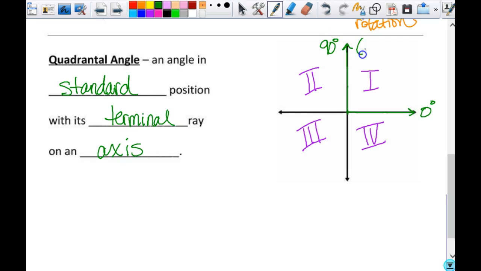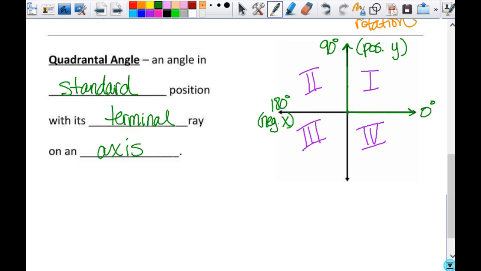So this would be the positive y-axis. So it's a quadrantal angle on the positive y-axis. This would be at 180, so it would be a quadrantal angle on what? Negative x-axis, good.